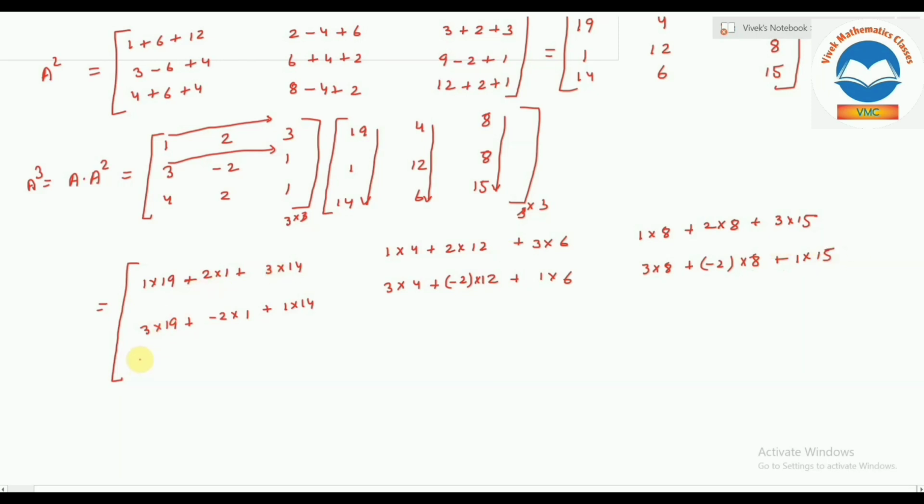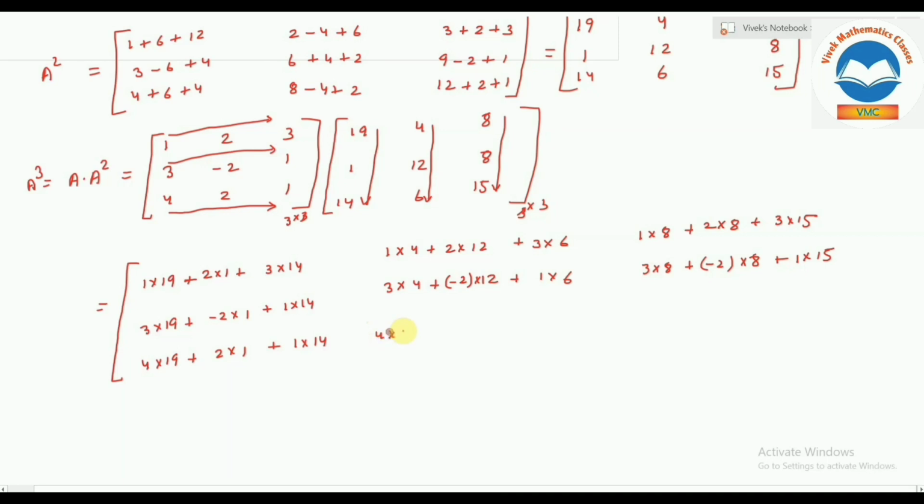So next will be third row, first column. So this third row you have to multiply from the first matrix and first column from the second matrix. So what you will get here? 4 into 19 plus 2 into 1 plus 1 into 14. Next what you will get? Third row, second column.